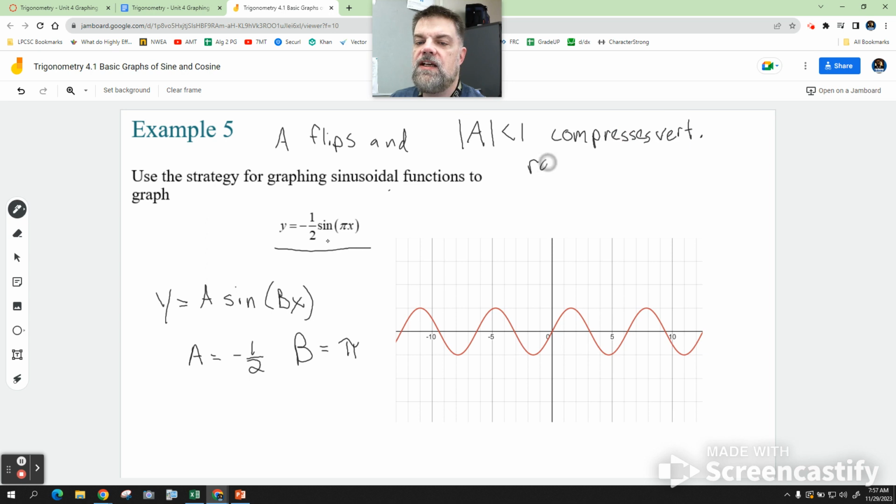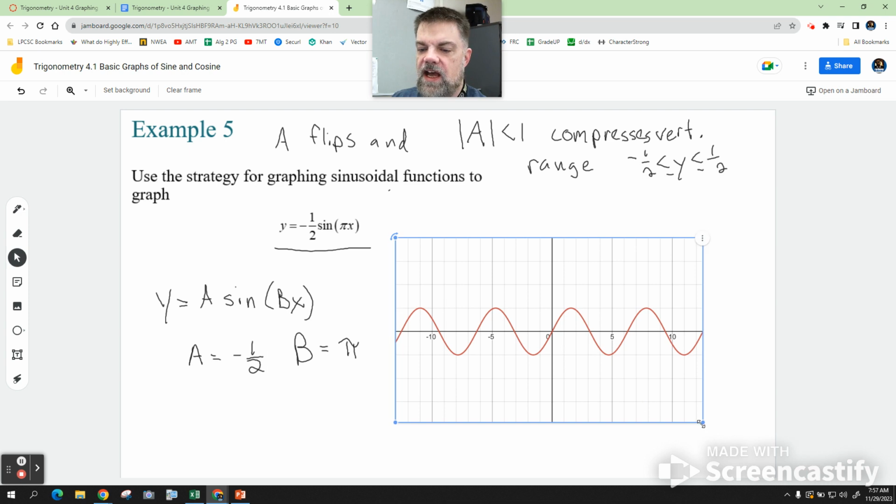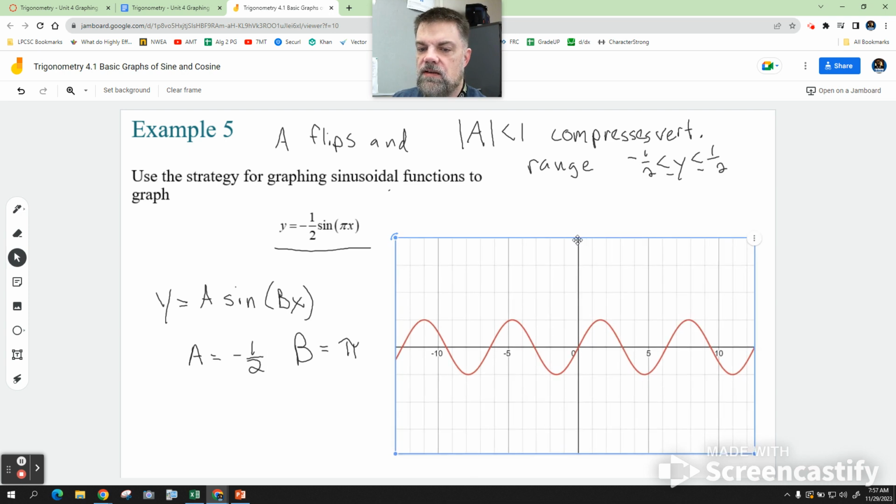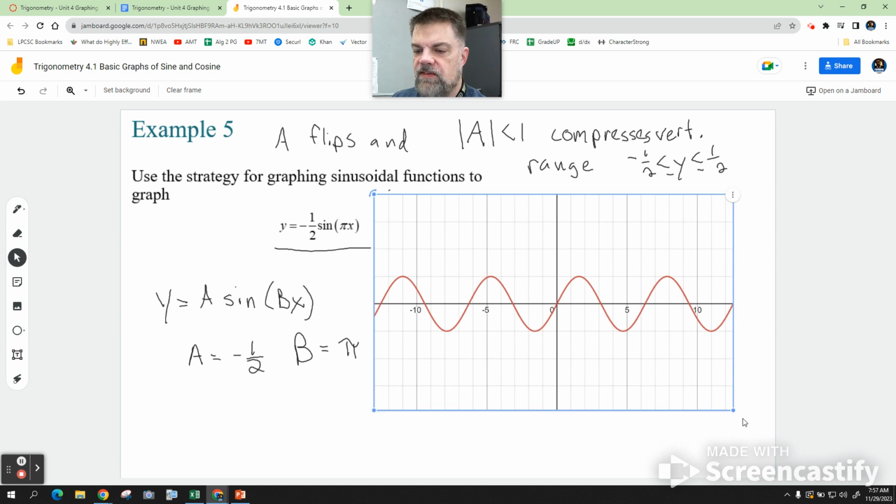Also, the range would be from negative 1/2 to positive 1/2, and you'll include it too, so we should probably put the equals to. So when I click on this graph, right now I have in red the graph of sine of x.